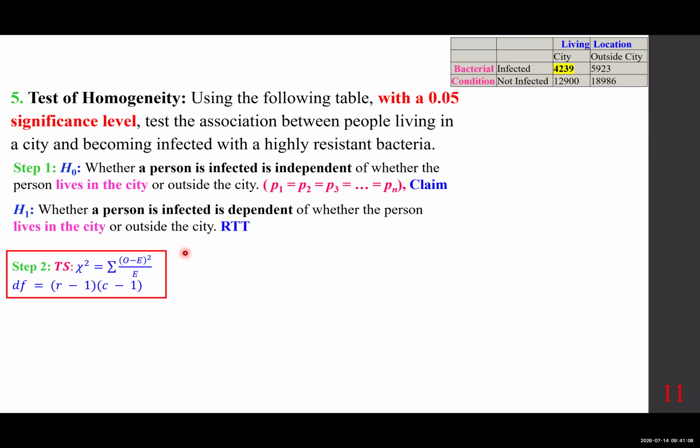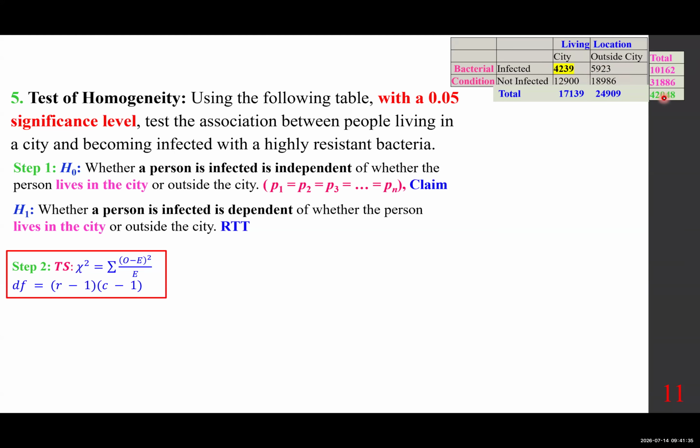So we have to calculate the expected frequency. And to do so, we are going to sum up here. We're going to add this column, this row, and this row. Over here, we put it here. Over here, we put it here. So we get the total of these two, the rows, and here's the grand total.